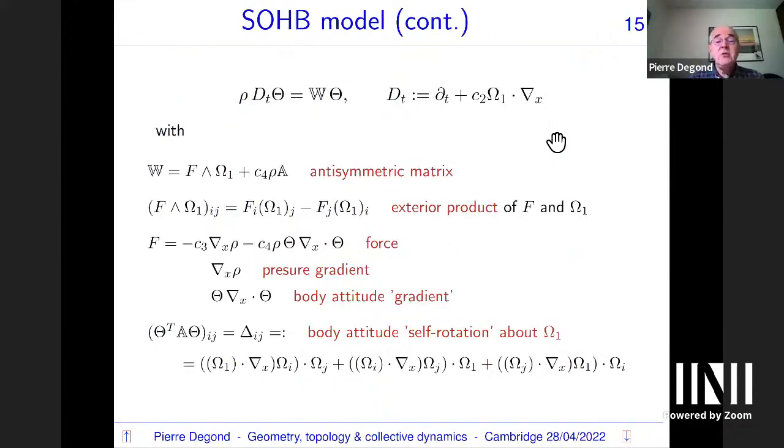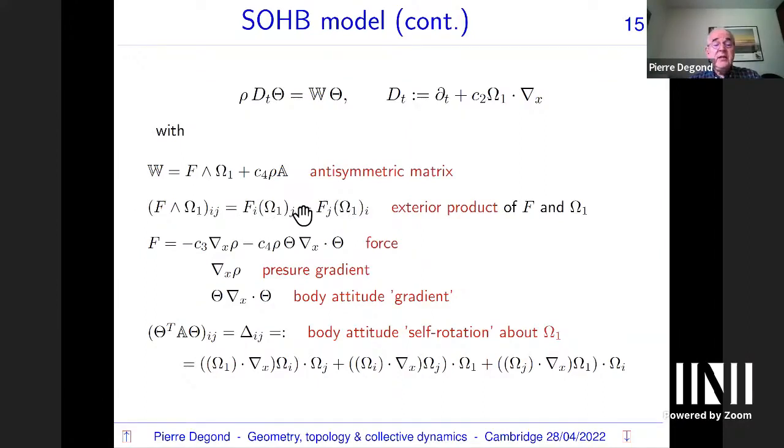So now I have to tell you what is this antisymmetric matrix. In some sense, if I pursue the analogy with 3D, what would be the angular velocity, right? So this antisymmetric matrix has two parts. One is a first part, which is of the form F wedge omega 1. So F wedge omega 1 is just an antisymmetric matrix, which is written like this in terms of components, right?